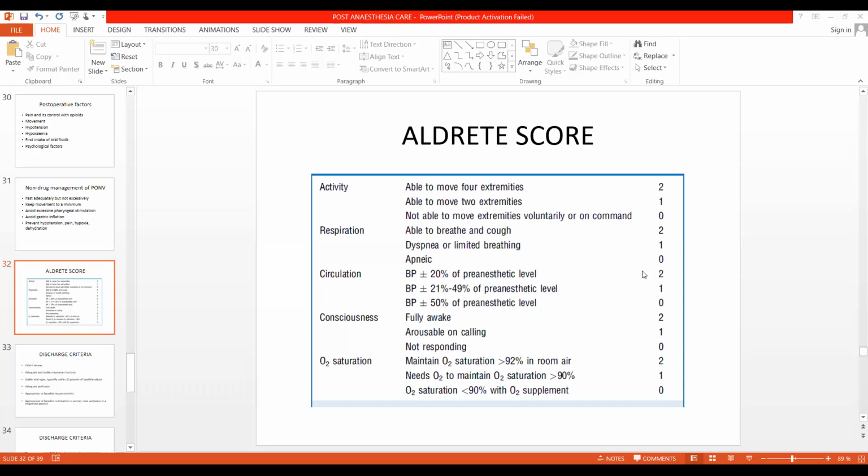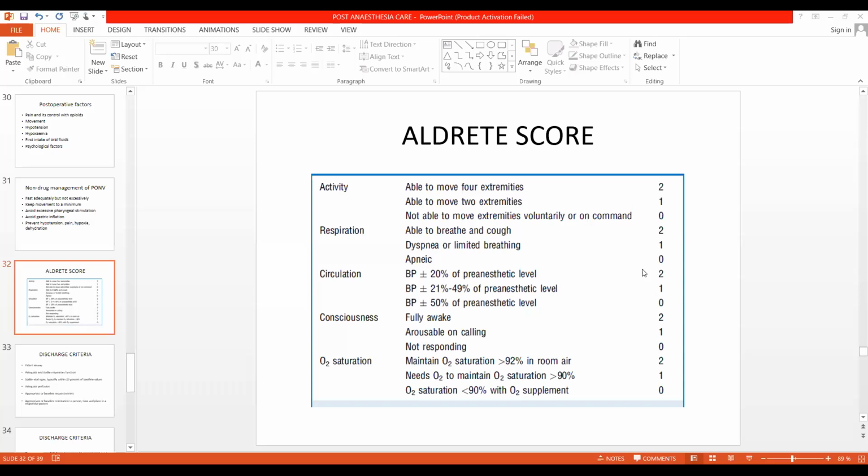Most of these scoring systems are based on the vital signs, the activity level, nausea, vomiting, pain, surgical bleeding, intake and output.